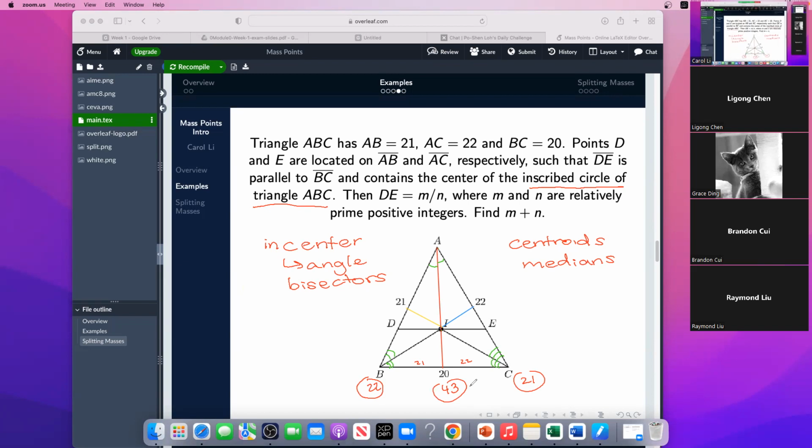Now we can do the same for this side, like we did with the bottom, because this is also an angle bisector. This ratio would be 22 to 20, so this angle gets 20, and this would be 42.